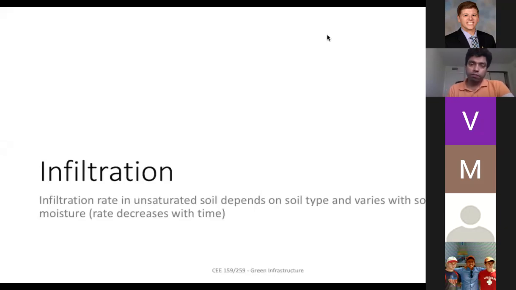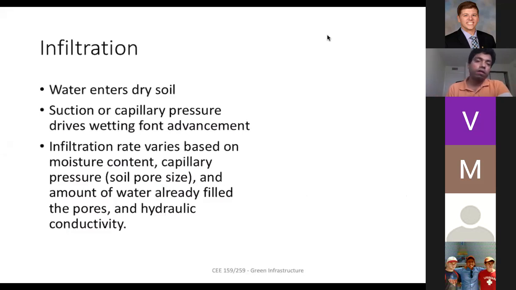So infiltration is the process by which storm water or rainwater can infiltrate into the ground. If you think of how infiltration occurs, let's say this is a ground surface, and then there is a rainfall.